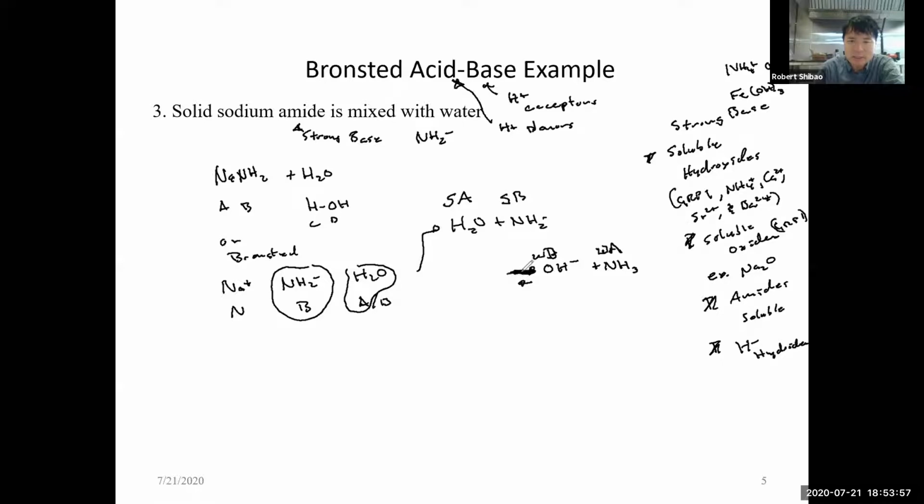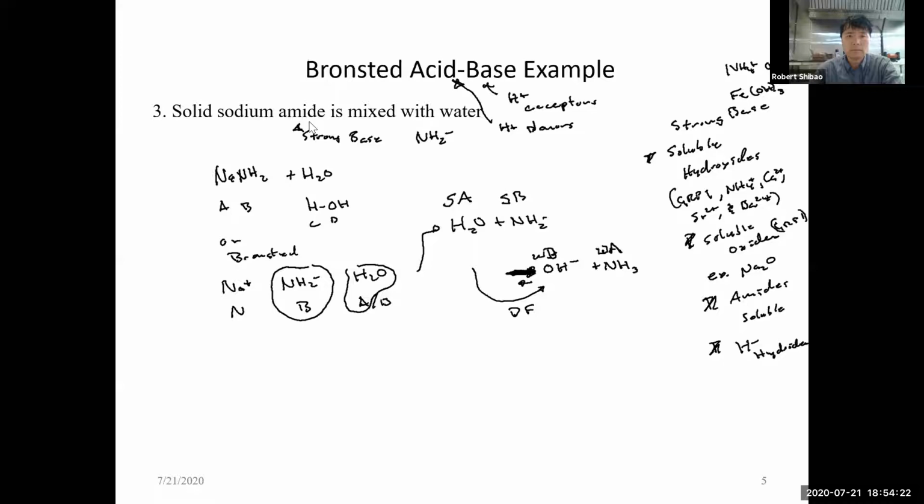So I'll try to draw a big arrow for forward and a tiny arrow for reverse. This is what we call the driving force here. And so that's another example of a Bronsted acid-base reaction.